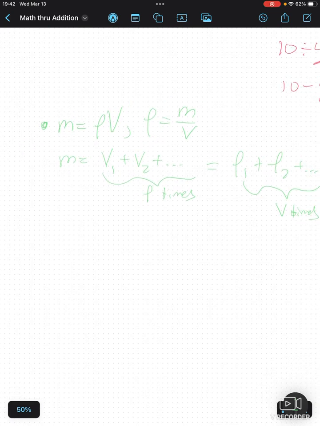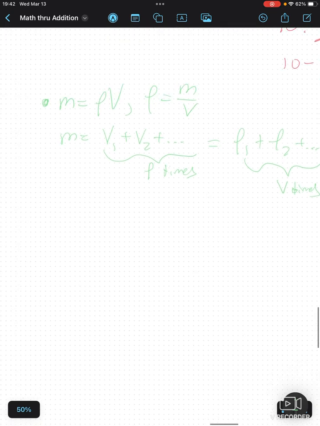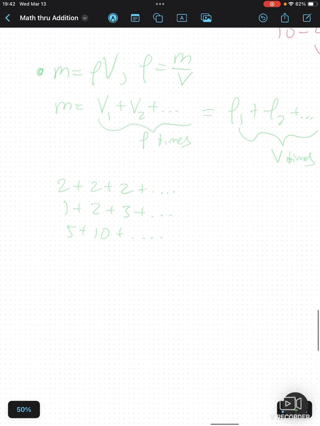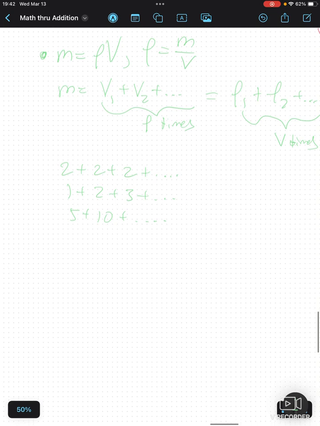But what happens if this unit right here isn't constant? What happens if instead of 2 plus 2 plus 2 plus something, it's like 1 plus 2 plus 3 plus something, like 5 plus 10 plus something? The point is, what happens if the addition is changing at each individual element or unit?